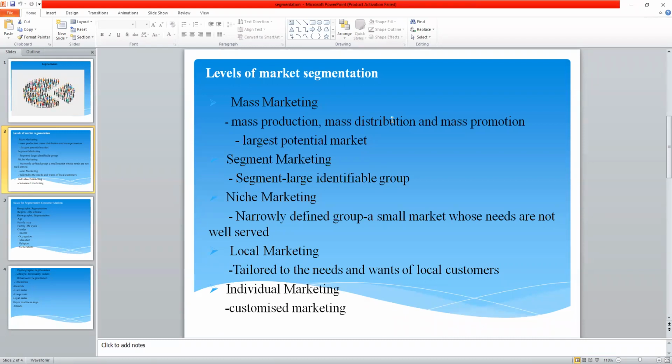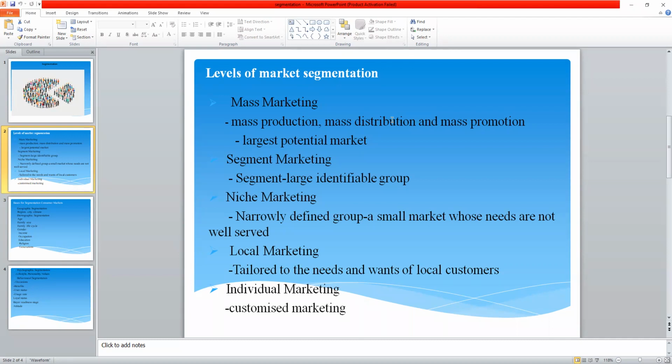Previously, we used to have mass marketing. The focus was on mass marketing. There was no scope as far as the customization was considered. But as more companies started entering the segments, they entered the production lines, the competition increased.